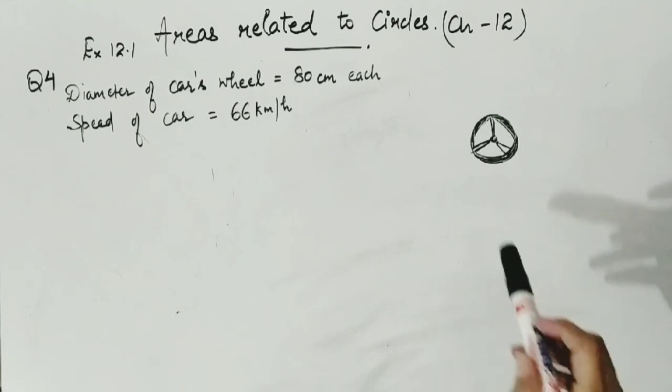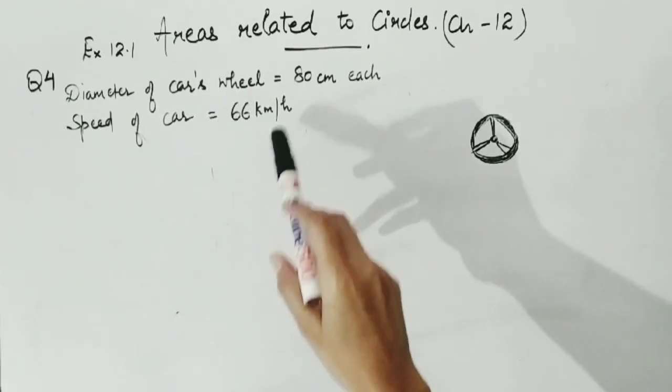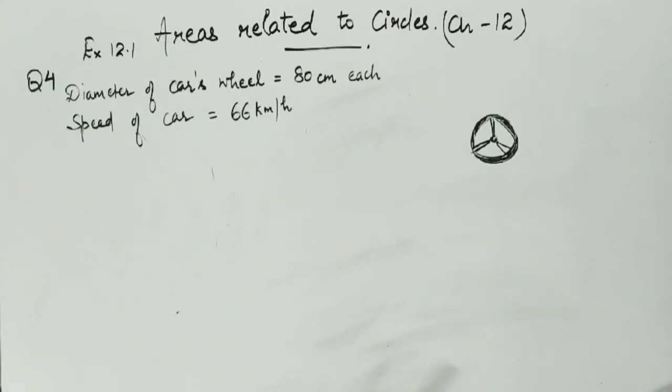According to the question, the diameter of the car's wheel is 80 centimeters each and the speed at which the car is traveling is 66 km per hour. We're asked to find the number of complete revolutions.